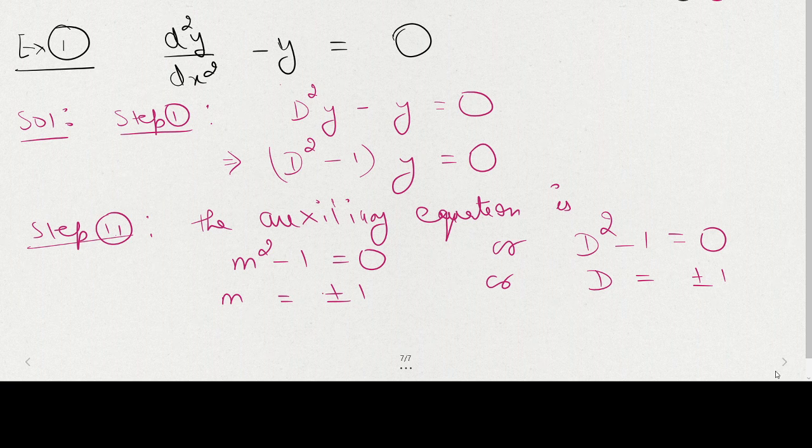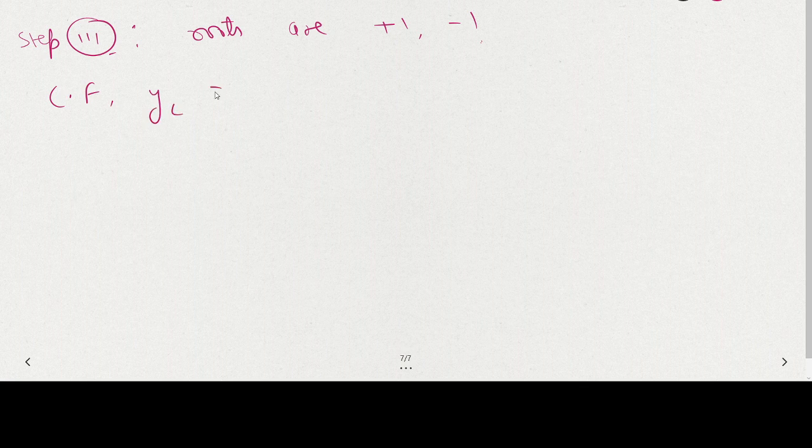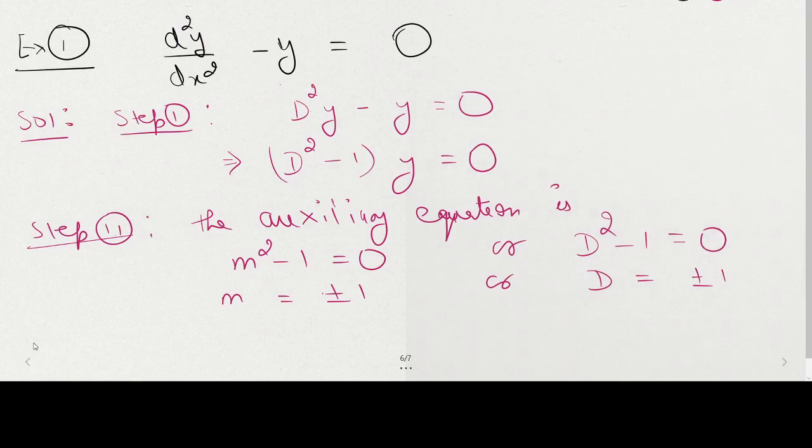Then step 3 is to write down the solution in the form. As our roots are plus 1 and minus 1, that is real and different roots, the CF will be C1 e^x plus C2 e^(-x).